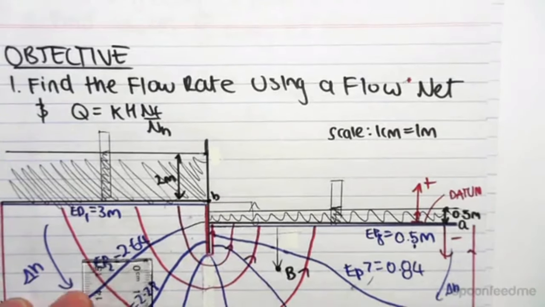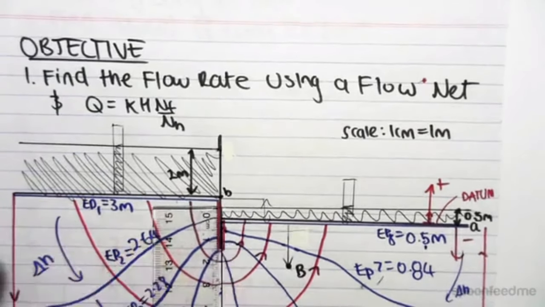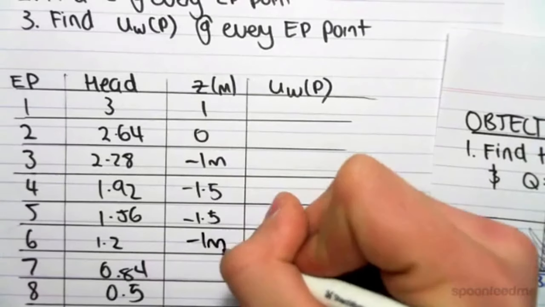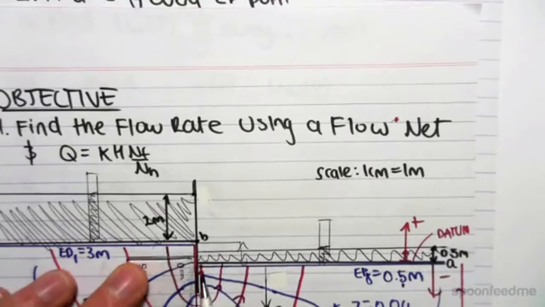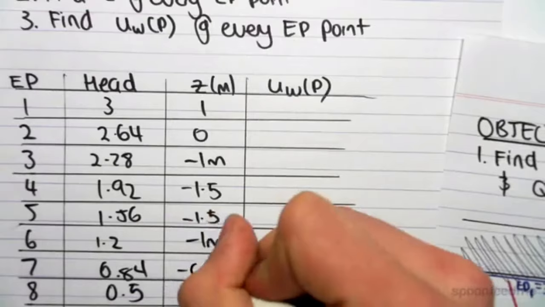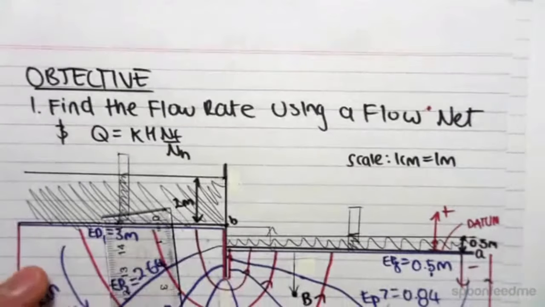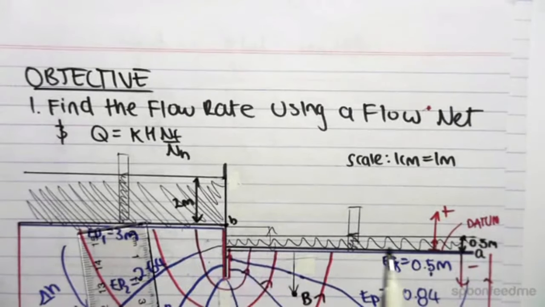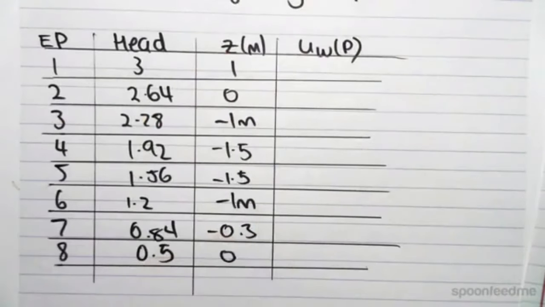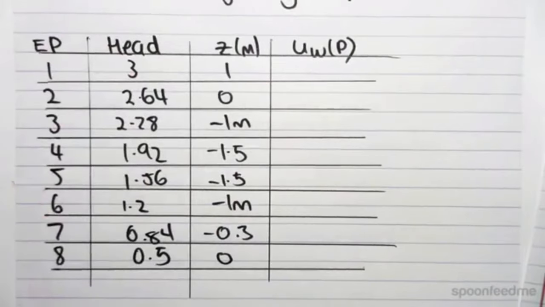EP6 is roughly 1 meter below. EP7, this one over here, is almost at 0, but we'd say it's about 0.3, so minus 0.3. And then EP8 is back at 0, so the final equipotential line is at the datum.